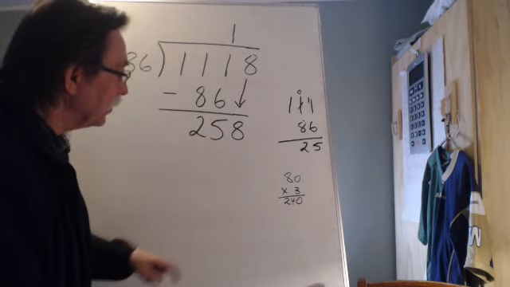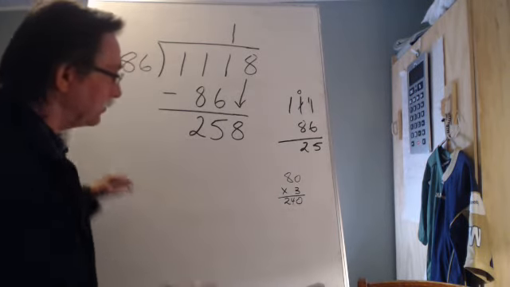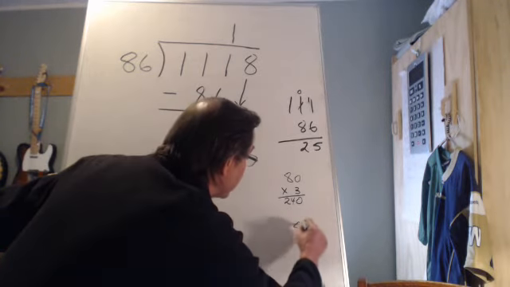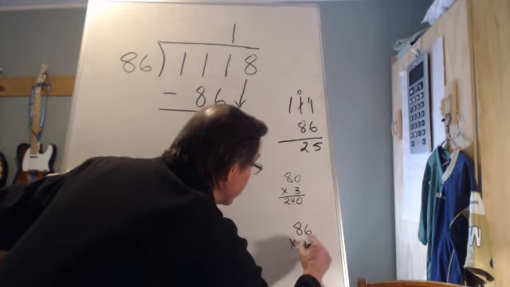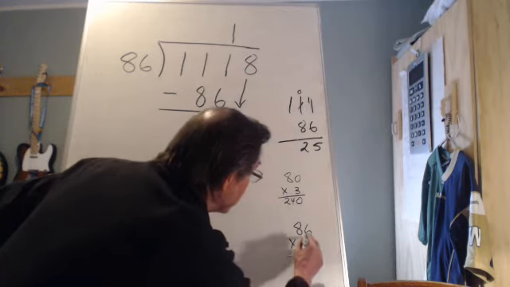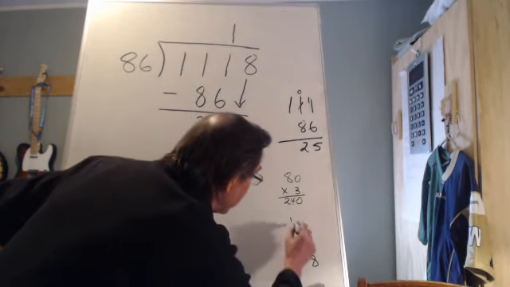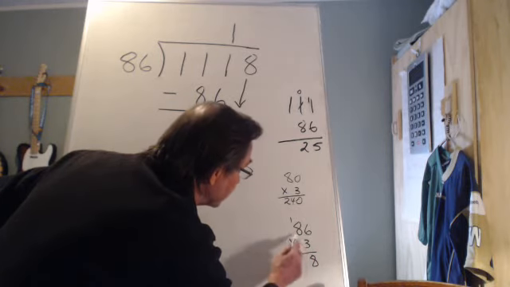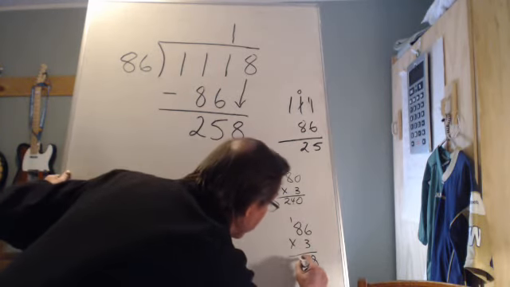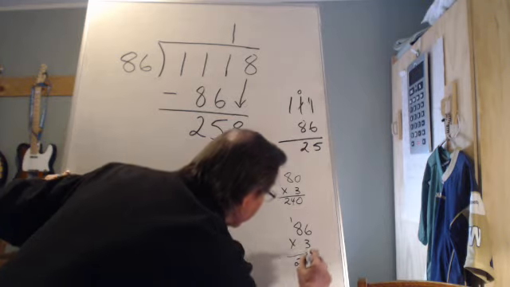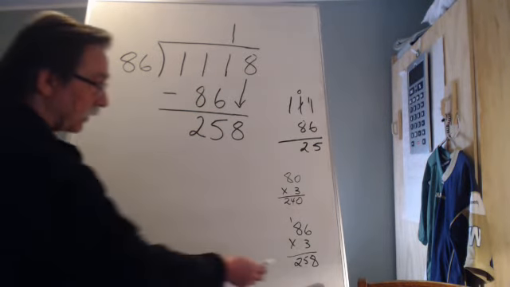I'm going to try 86 times 3 now. 86 times 3. 3 times 6 is 18. Carry the 1. 3 times 8 is 24. Plus 1 is 25. Look at that.